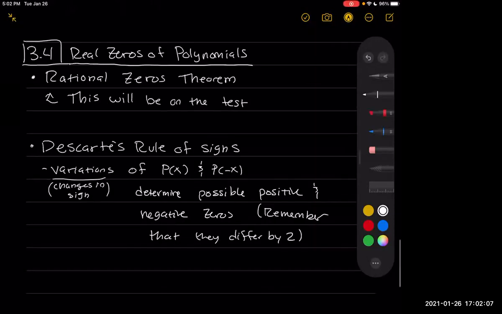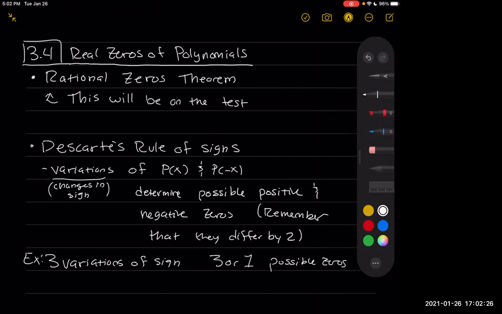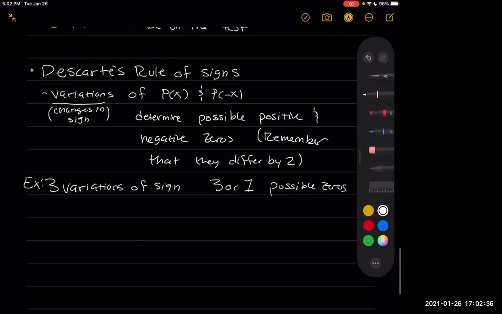So if we have something with 3 variations of sign, that means we have 3 or 1 possible zeros. We count down by 2 until you reach 0. And if we get to 1, then we can't go to negative 1 because it's impossible to have a negative number of zeros.